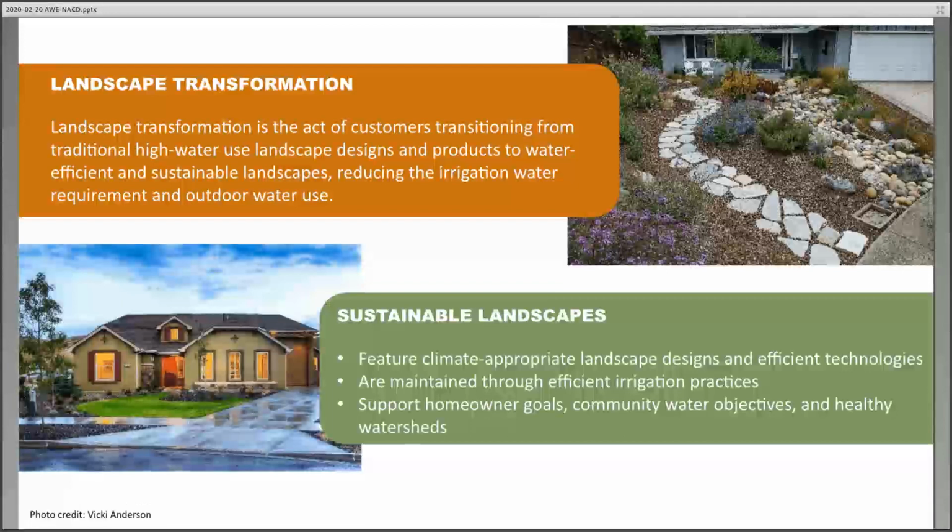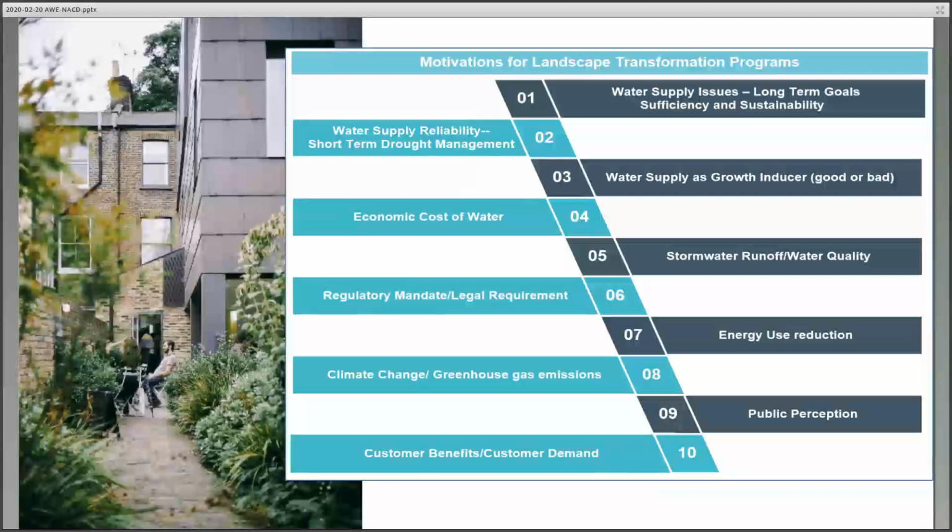Things like efficient sprinkler heads or drip irrigation or soil moisture sensors, so the irrigation system only runs when it needs it, rather than just being set to a timer and running when it's raining out or something of that nature. So we want to see a shift to sustainable landscapes and have that transformation to efficiency and sustainability.